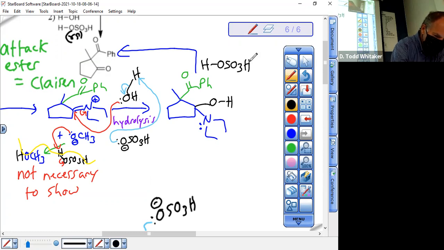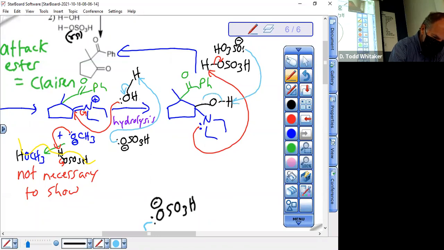And let's use a base to grab the H after we do the leaving group improvement exercise. Protonation makes things better leaving groups. Elimination gets rid of them. Oh, crossing arrows. Sorry about that. There you go.